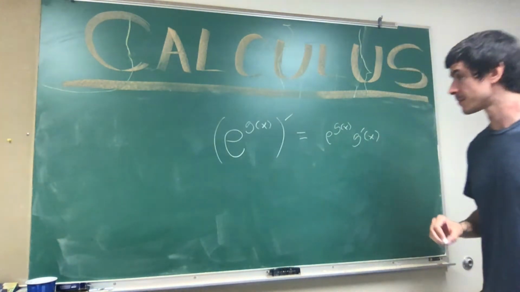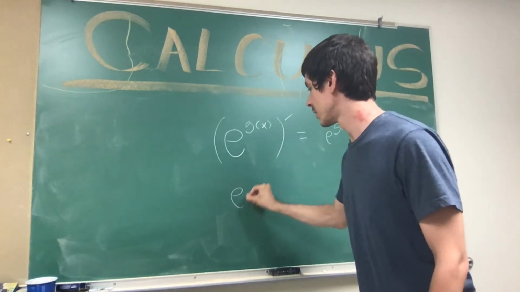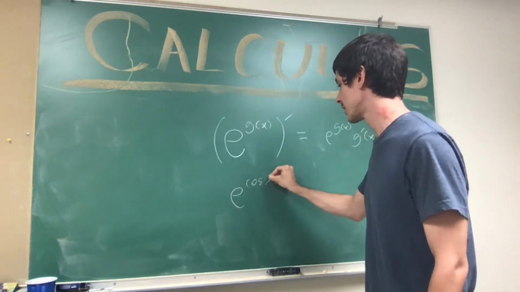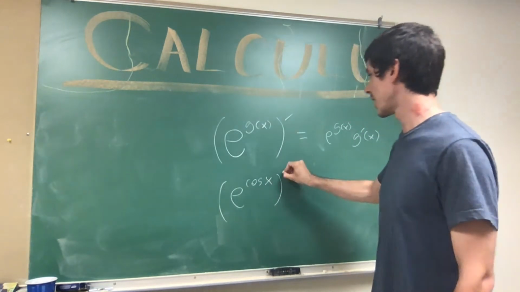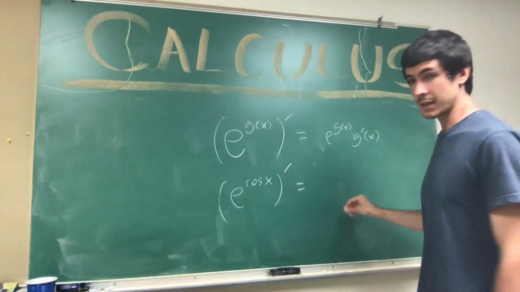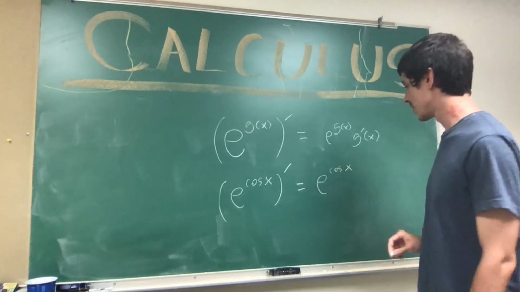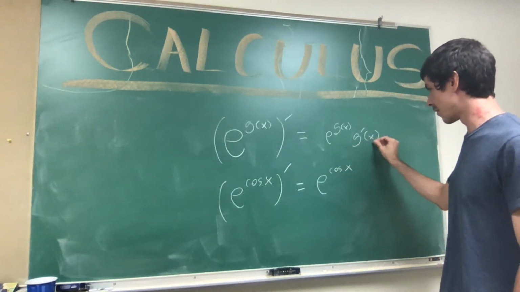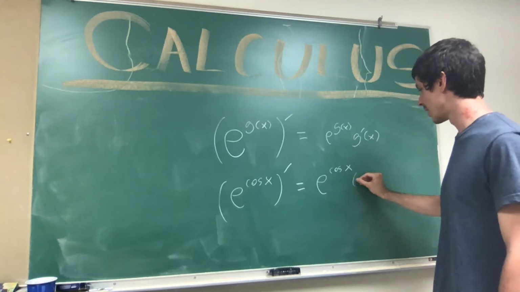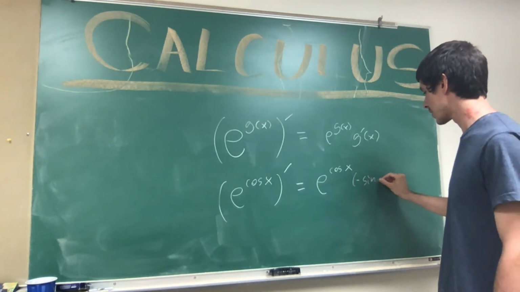So, for example, the derivative of e to the cosine x is going to be e to the cosine x times the derivative of cosine x, which is negative sine of x.